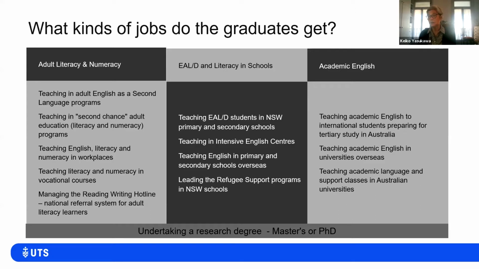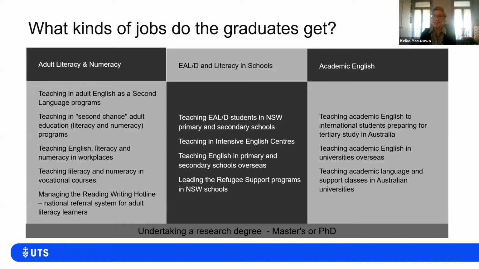But also universities have academic English programs, because even after gaining entry into Australian universities, international students and also local students, students who are English language background students, need additional help in academic uses of English language and literacy.